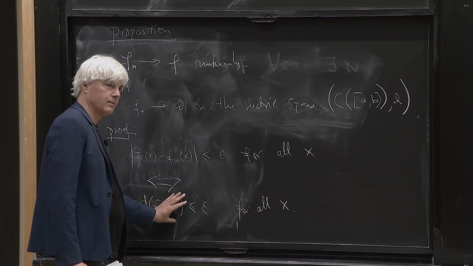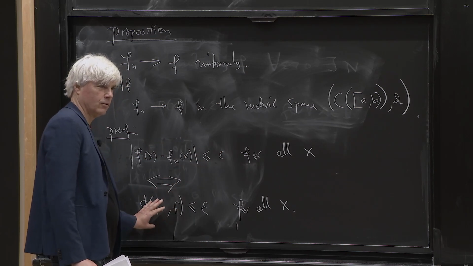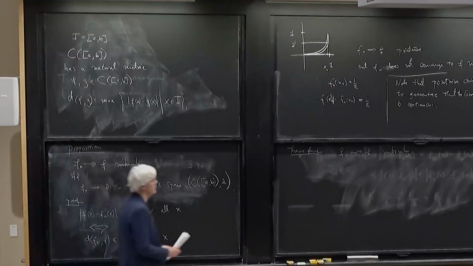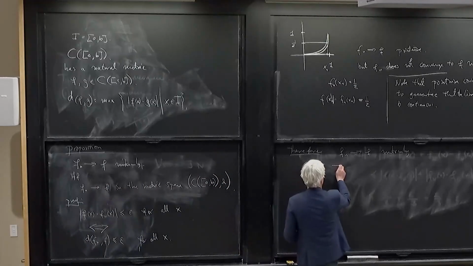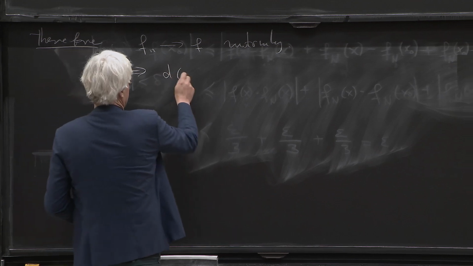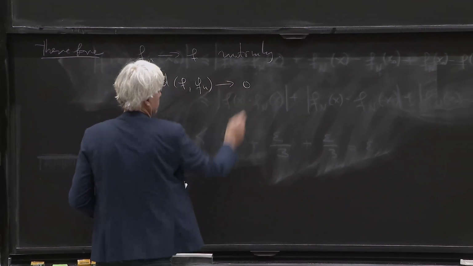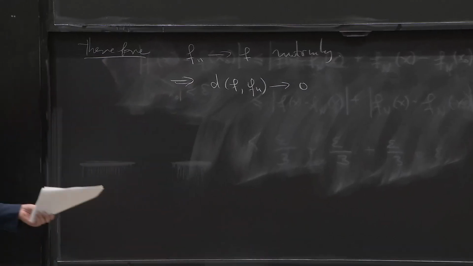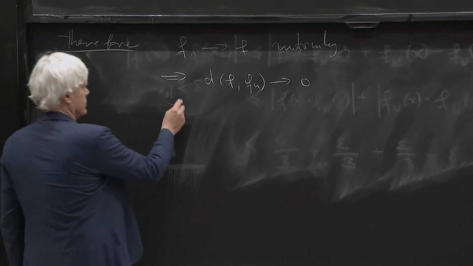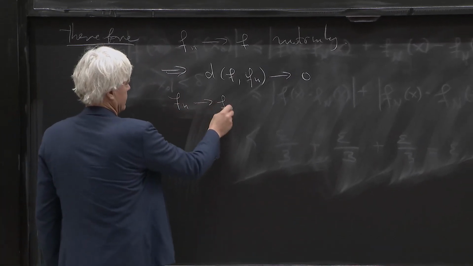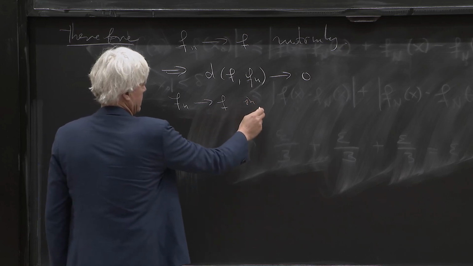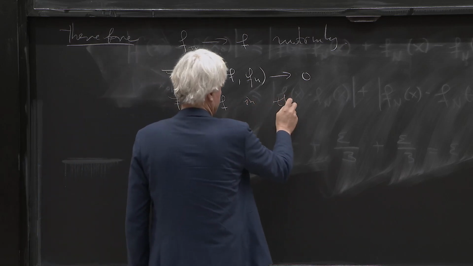So this thing converges to 0. But that's exactly what it means for the sequence f_n to converge to f in the metric space.